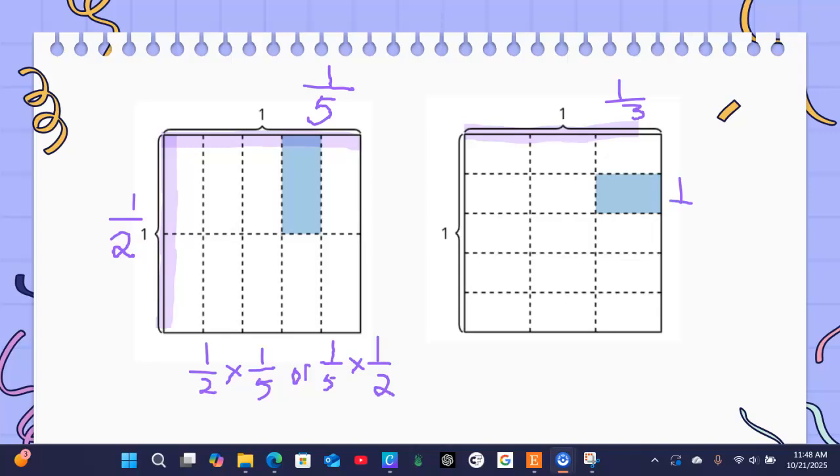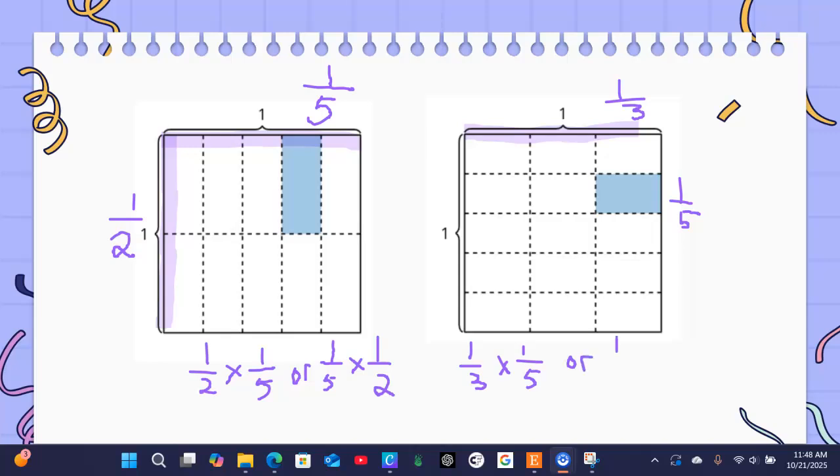So that we know our expressions could be 1/3 times 1/5, or again, we could change them up.